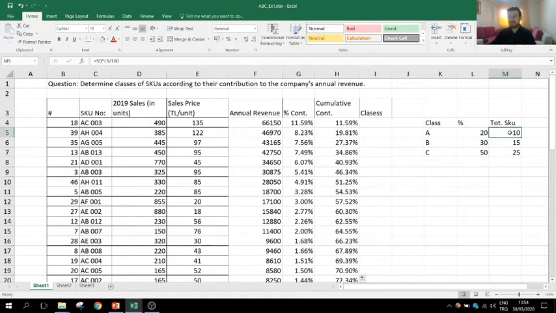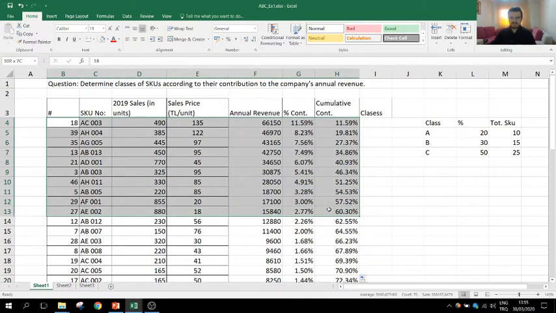How did I get them? 50 times 20% is 10. Okay, so the first 10 SKUs might be assigned as class A items.